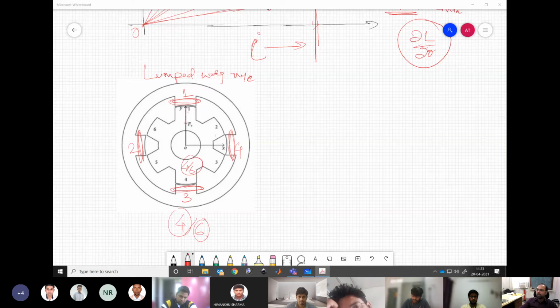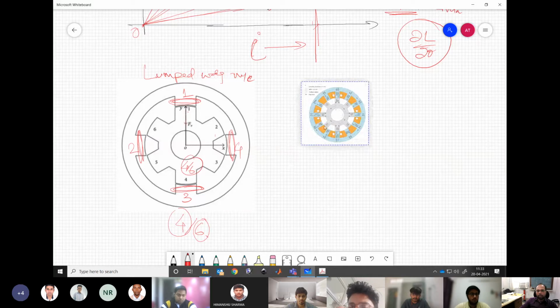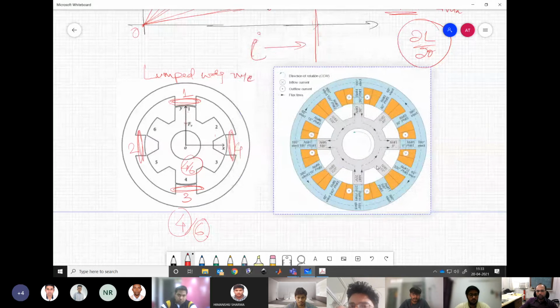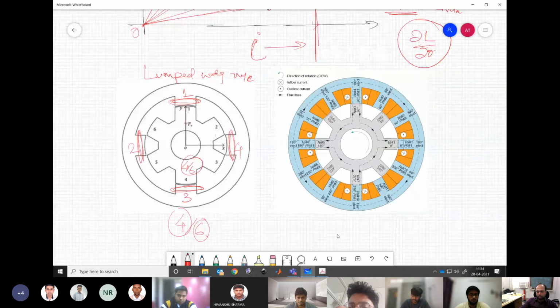So a practical SRM will have several stator and rotor poles, so that we get a good angle for the rotation, which means good step angle. So is it visible?